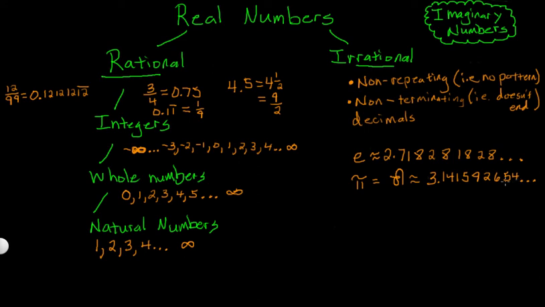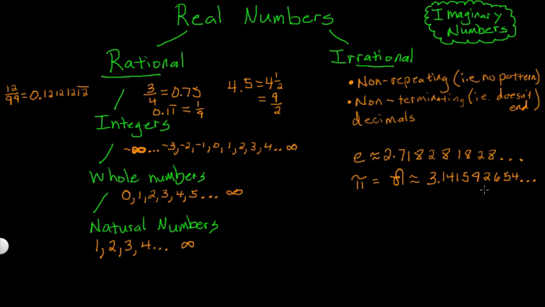Our calculators approximated to seven decimal points, but it continues forever. So we add the ellipsis to represent it as non-terminating. It is also non-repeating, meaning there is no pattern. If you look at the decimal, there is no pattern in the numbers. It's not like 0.121212 where there's an obvious pattern, or 0.111 repeating.